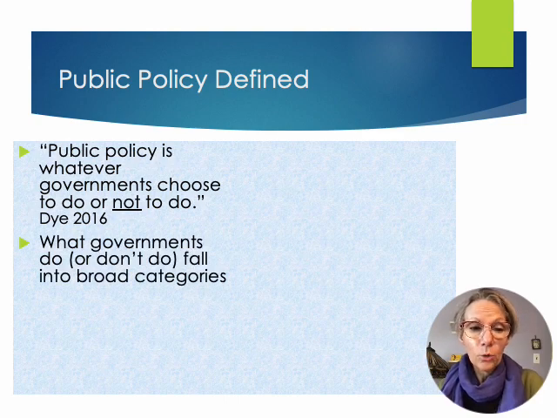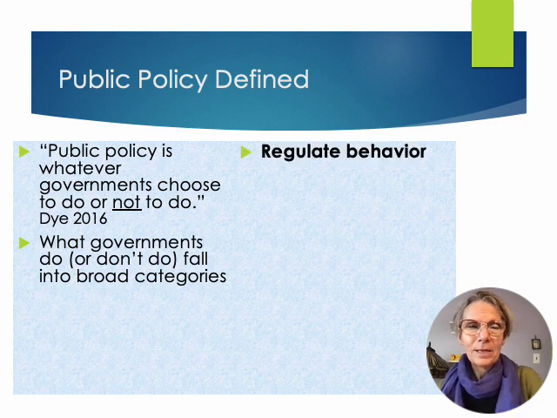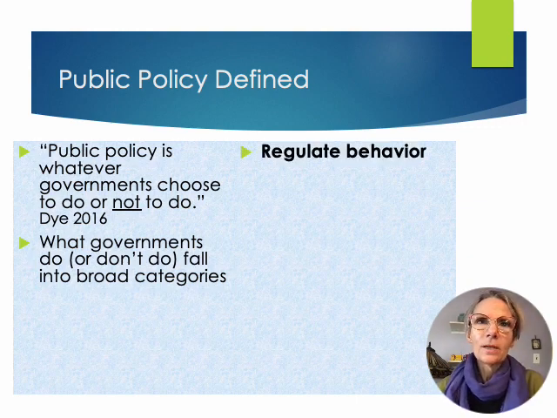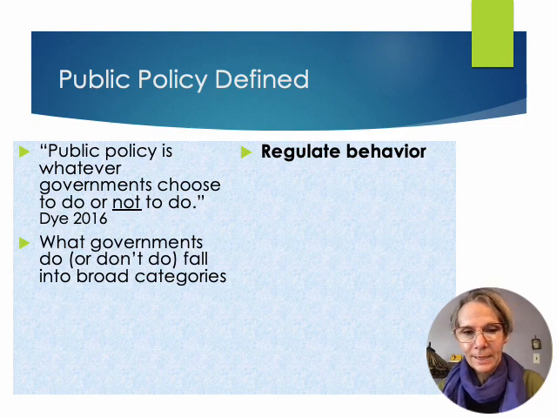Now, what governments do or don't do fall into broad categories, okay? One of the things that government does through its public policy, and I teach a criminal justice class as well, which some of you might be in, is regulating people's behavior.